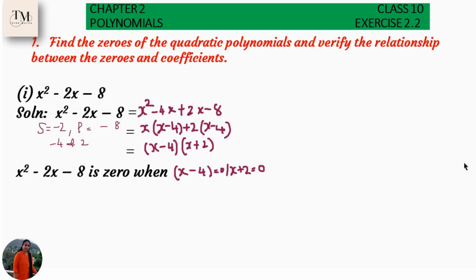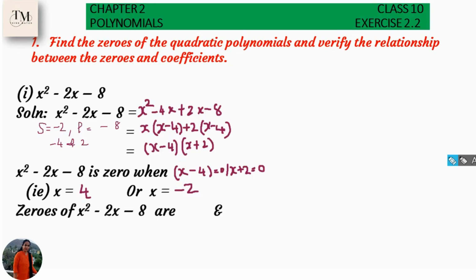So x minus 4 equal to 0 means x is equal to 4, and x plus 2 is equal to 0 means x equal to minus 2. So the values are x equal to 4 or x is equal to minus 2. When we substitute these values, we get this quadratic polynomial answer as 0. Okay. So the zeros of the quadratic polynomial are 4 and minus 2.